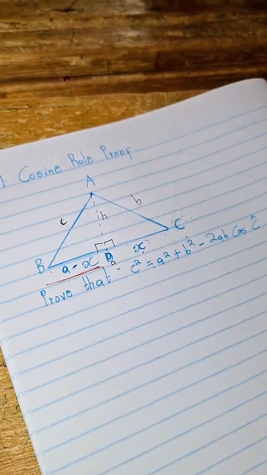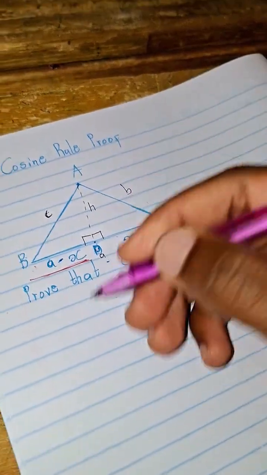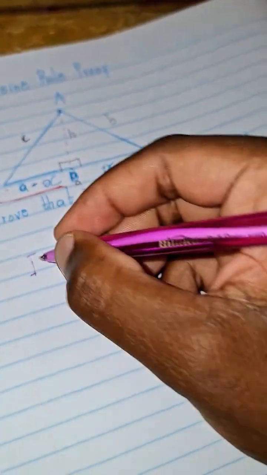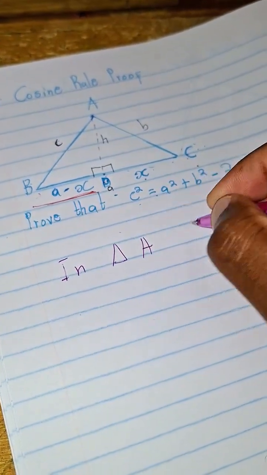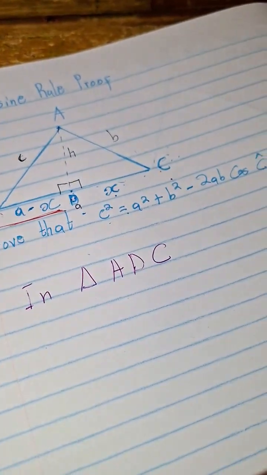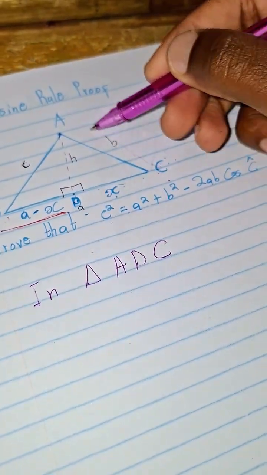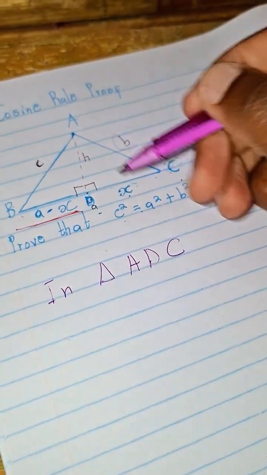So now, what should we do? Let's focus on triangle ADC. We can apply the theorem of Pythagoras in a right triangle, meaning this one is our hypotenuse.